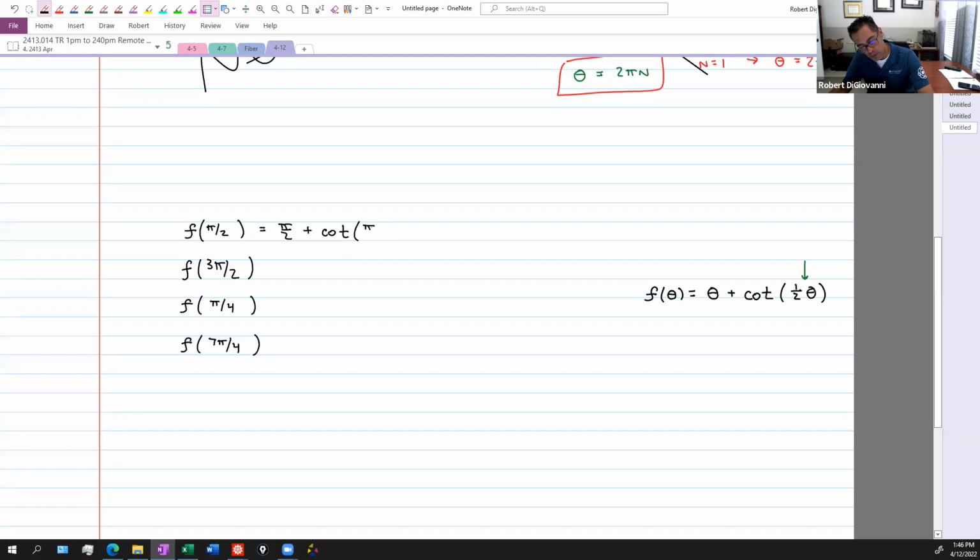So cotangent of pi over 4. Okay, that's pi over 2 plus, okay, cotangent is the same as tangent, sine over cosine, right? So cotangent is cosine over sine. So this is the same as cosine of pi over 4 over sine of pi over 4.